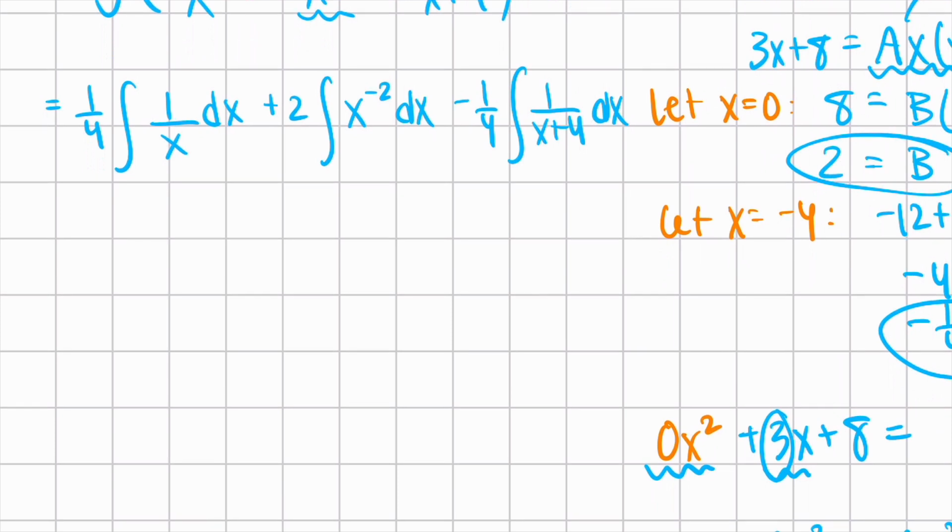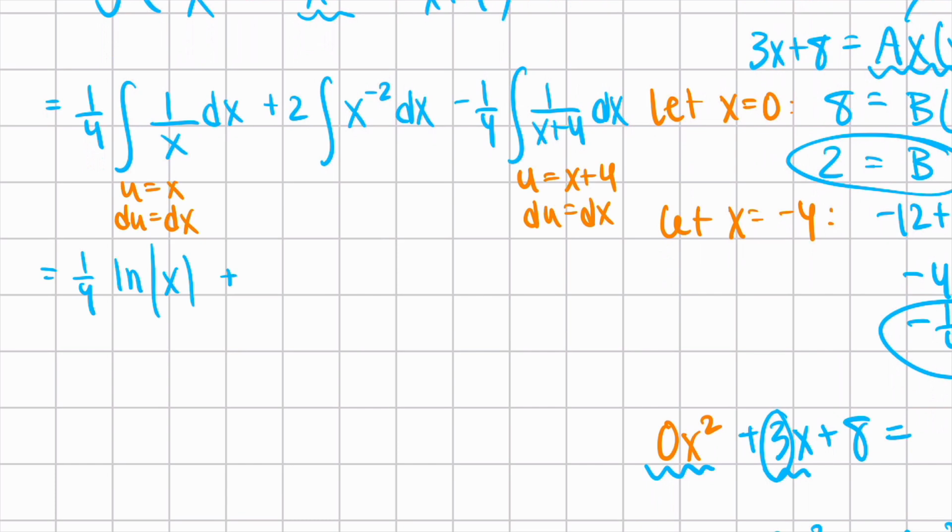Okay, so for the first and the third integral, we are using u sub. Notice that in both cases, du equals dx. So we get 1/4 natural log of x, plus 2, increase your exponent, so negative 1, multiply by negative 1 out front. So I'm going to change this positive to a negative.